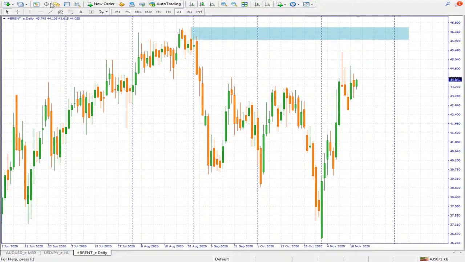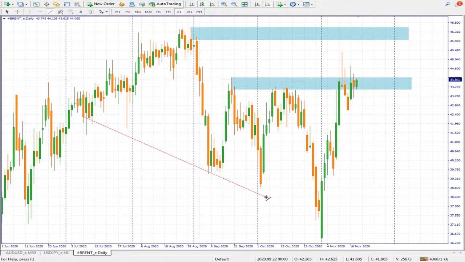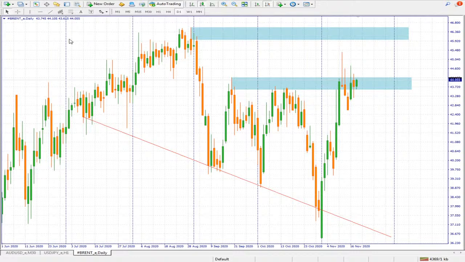We also have another level here which the price looks like has gone beyond, and then we have another one there. Then we do have a support here. The entire zone is a support there. We also have another support here.